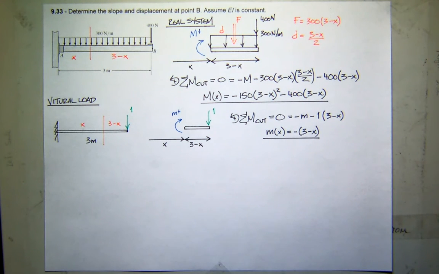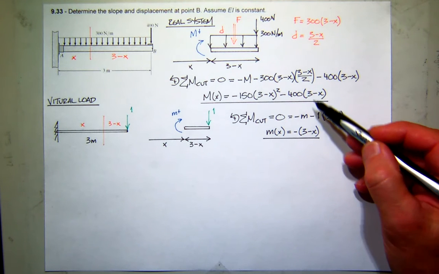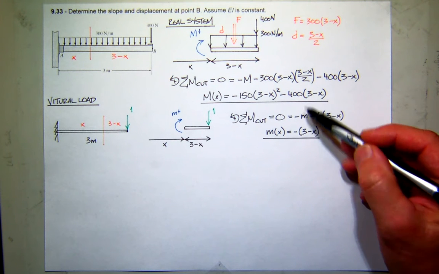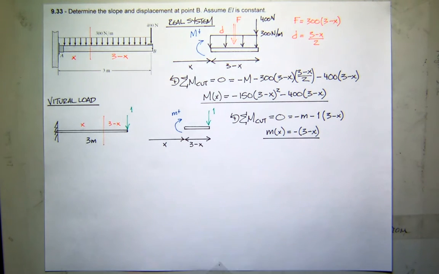So all I have to do is multiply these two things together, right? And integrate from 0 to 3, and I have the displacement at B. Everybody see that?